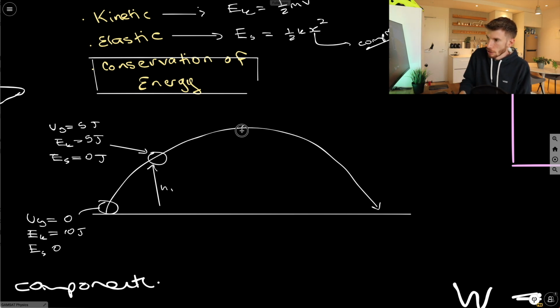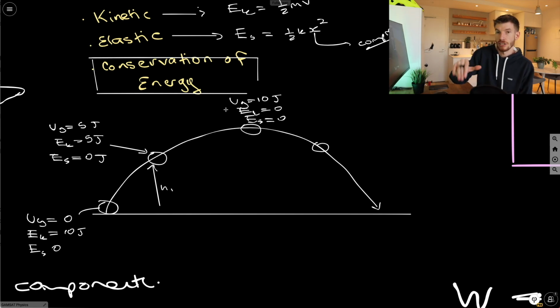When we get to the top here, we said before that its kinetic energy is 0. That means that all of the kinetic energy has now been converted to gravitational. So now UG has hit its maximum at 10 joules, and EK is going to be 0, and ES again is going to be 0. And then when it starts falling, that gravitational starts converting back into kinetic as it starts gaining velocity again. We'll start to see the UG go down, and you can also explain it because here it was going up because its height was going up.